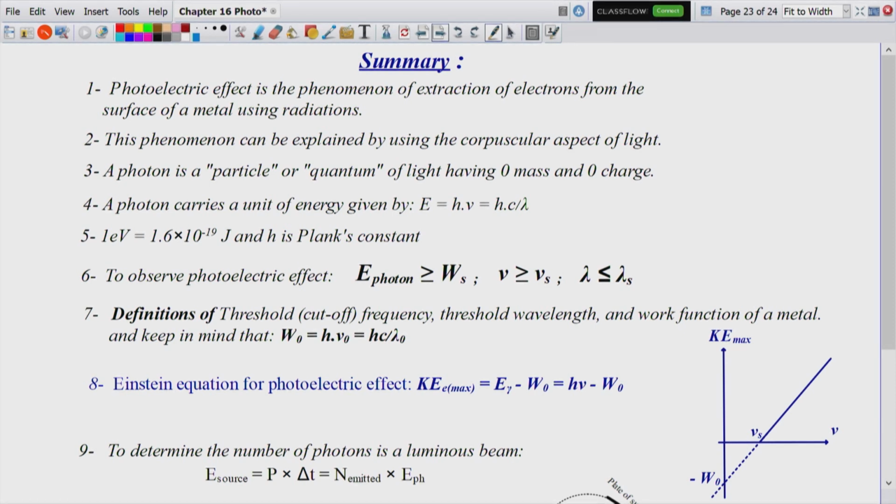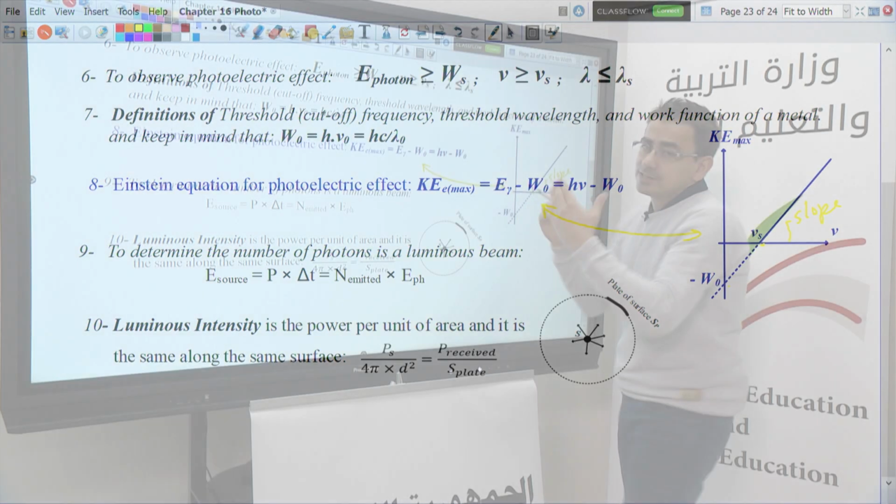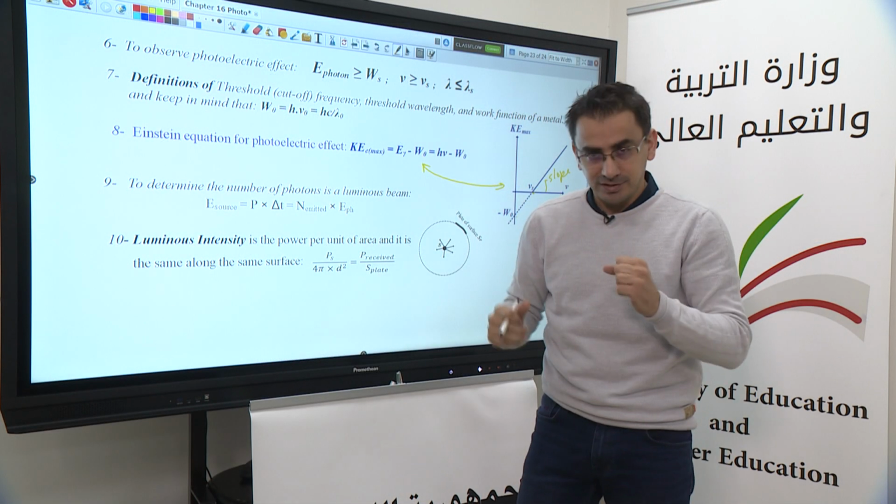Now, Einstein's equation for the photoelectric effect: KE max equals E gamma, or h nu, minus W0, and interpreting the graph, and we link these together. Very important. Also, if you forgot something about it, like what the slope means, go back to the previous part that we explained. This is essential to know. Linking this to mathematics, it became a bit of mathematical physics.